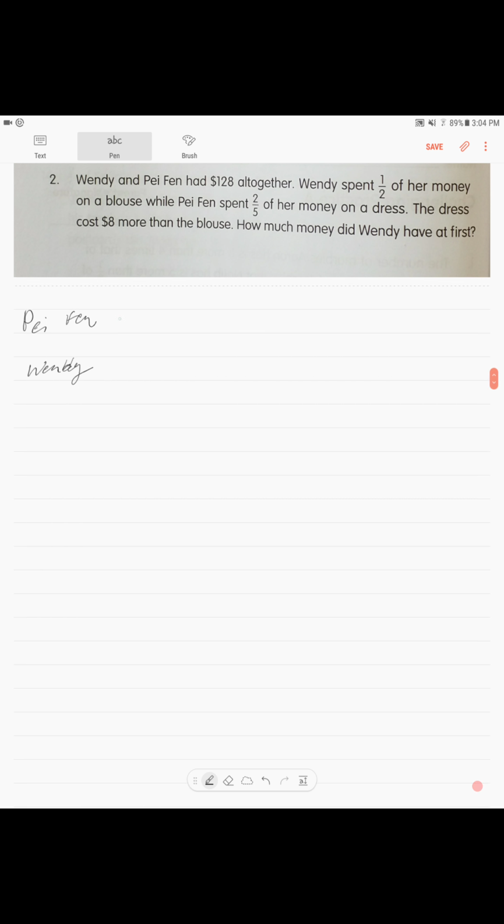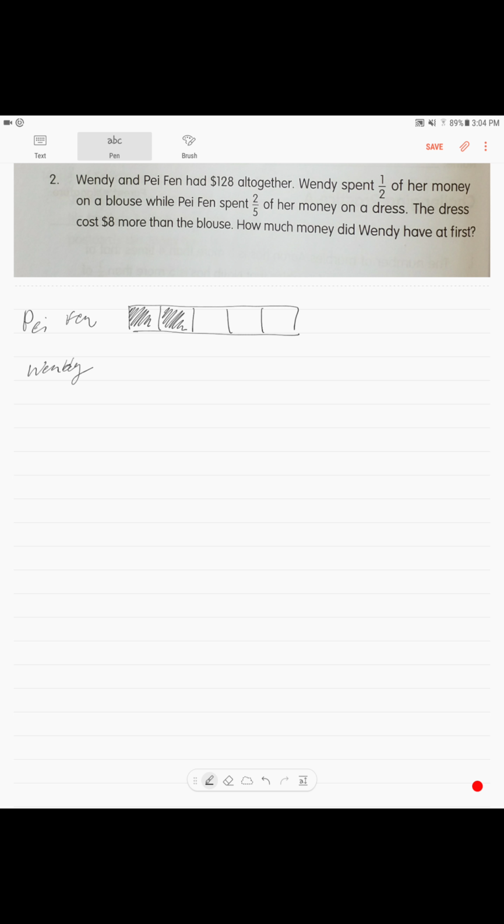So here you have her money, Pei Fen's money, and because we work with the fraction 2/5, we know instantly that it's going to be 5 units. If you think about it, this unit and this unit are 2/5.